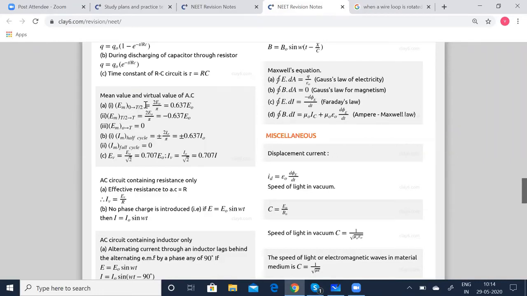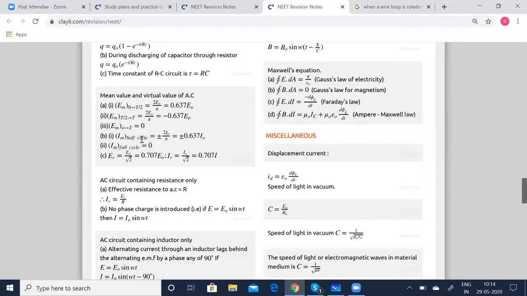Then it is given by 2E0 by pi, which is equal to 0.637 E0. EM from T by 2 to T is given by minus 2E0 by pi, which is equal to minus 0.637 E0. Again, EM from 0 to T is given as 0, because when you add both, it gets cancelled off, so it is 0.